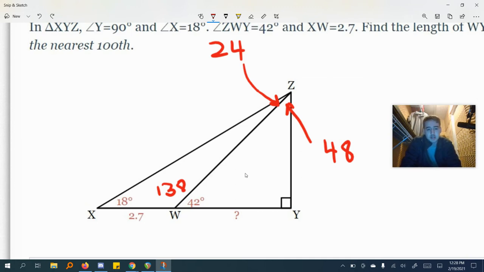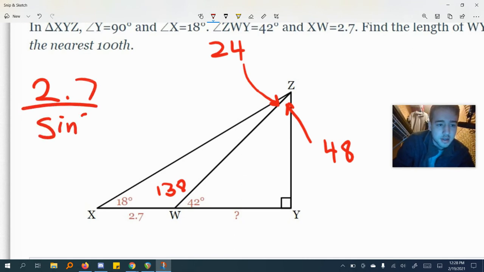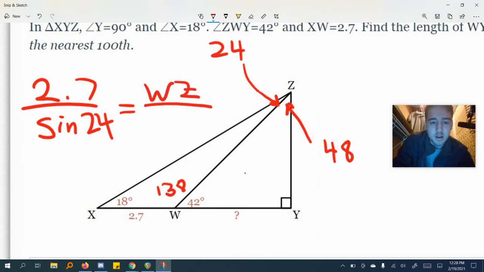Law of sines. So we know that 2.7 over sine 24 equals WZ over sine 18, just because of the whole opposites thing. So that shouldn't be too bad for us to do.